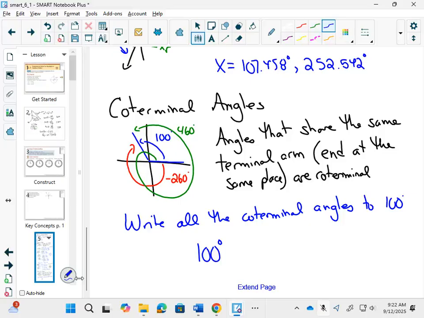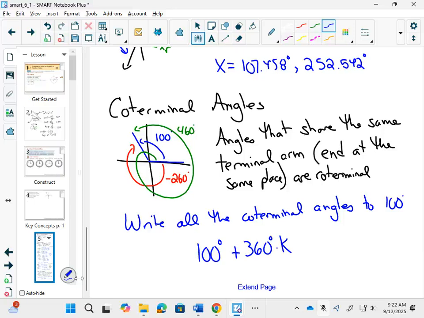So, the formula works like this. It says you can add 360 degrees as many times as you want. So I go times by, and I'm going to pick a variable, and I'm going to pick the letter k. Seems like they like to use the letter k for this situation. Can k be 0.3? No. K has to be 1. You can add 360 once. Can you add 360 twice and end in the same place?